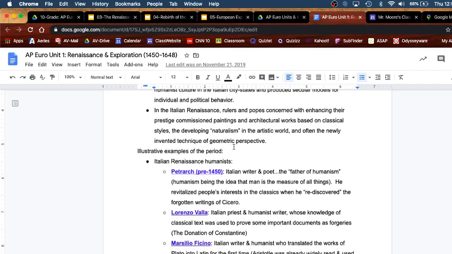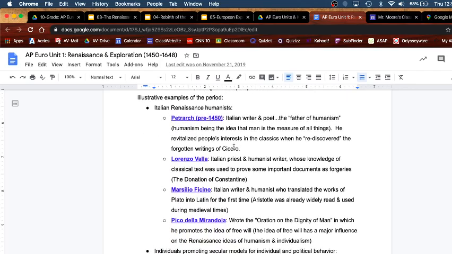Now, in these key concepts, what the College Board has done for us is give us a list of people that we should be familiar with, people that we could use as examples when we're doing our writing. In everything that we do in our writing, we're really striving to do three things.